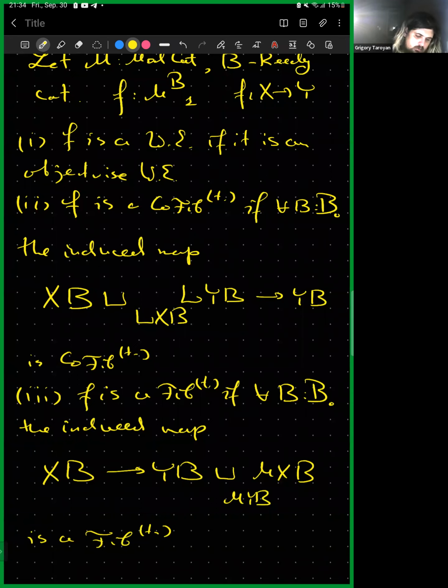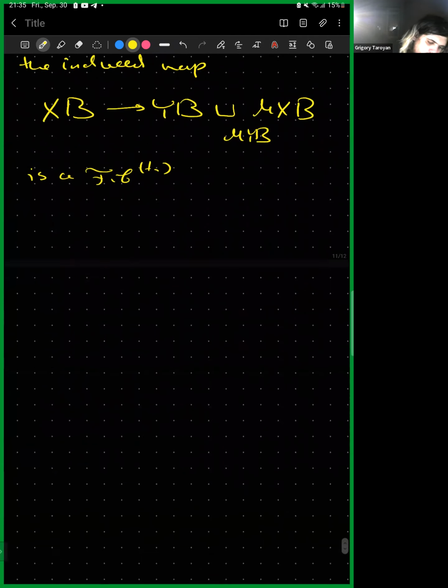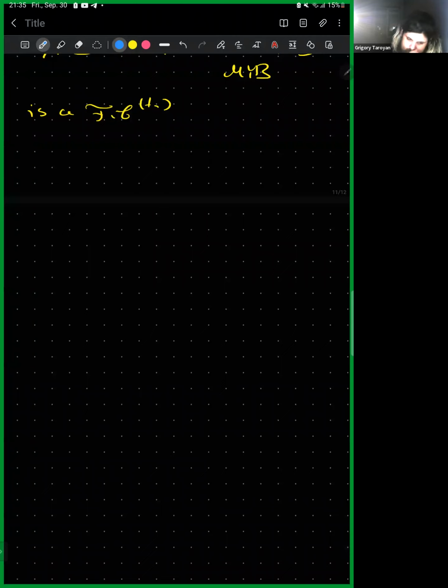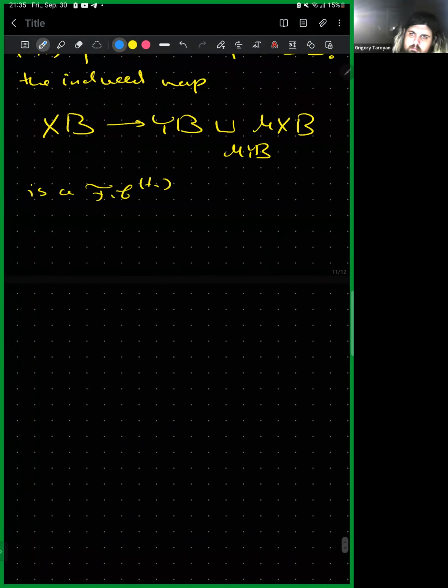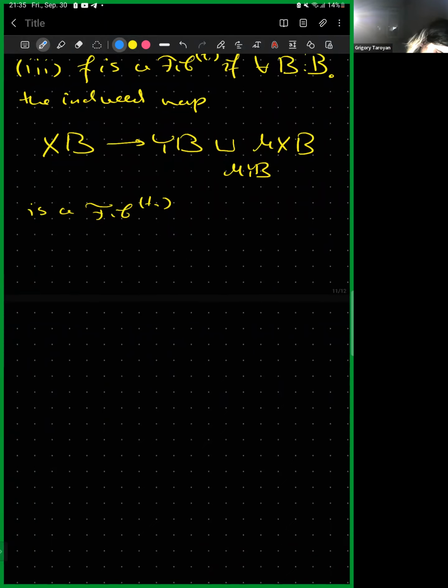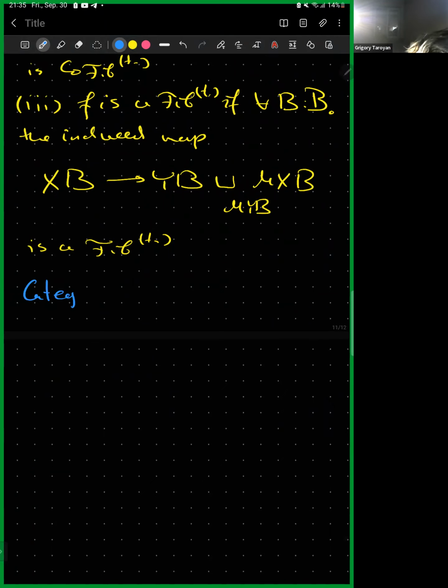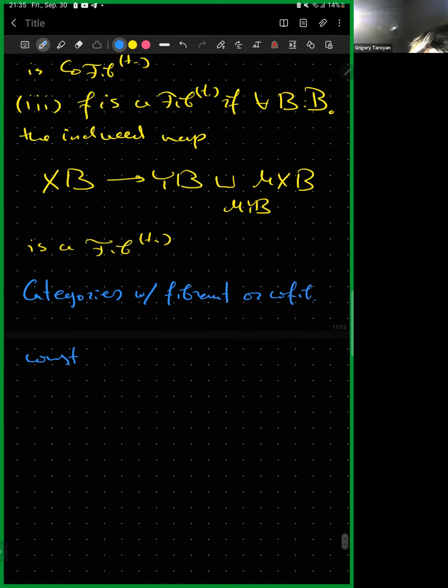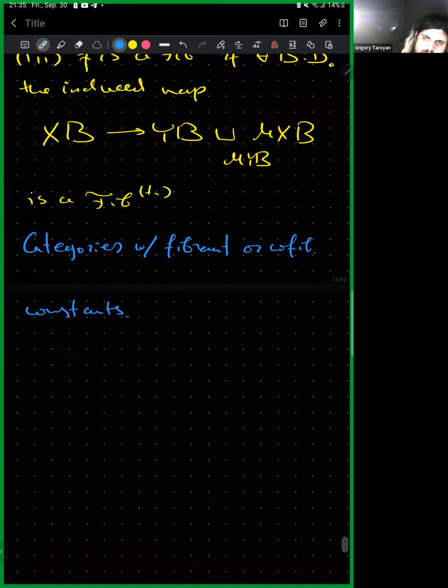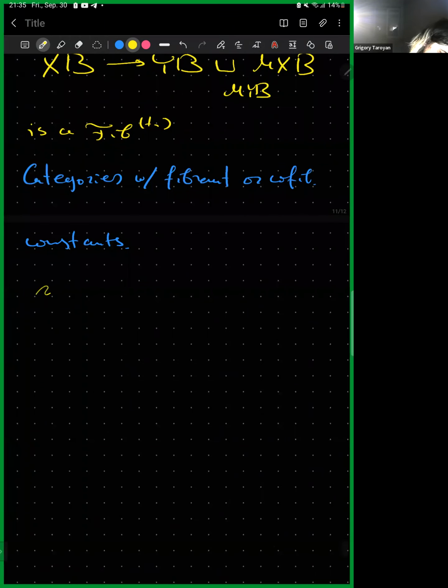Now we can define a special class of Reedy categories, namely the Reedy categories with fibrant or cofibrant constants. So let B be a Reedy category.